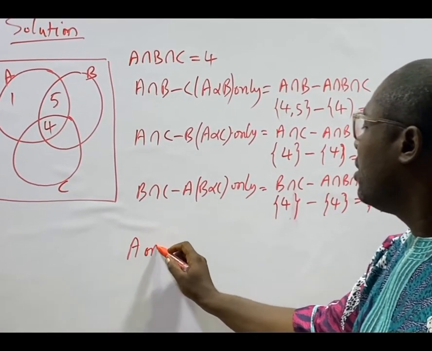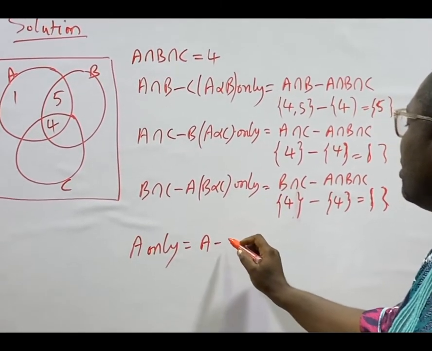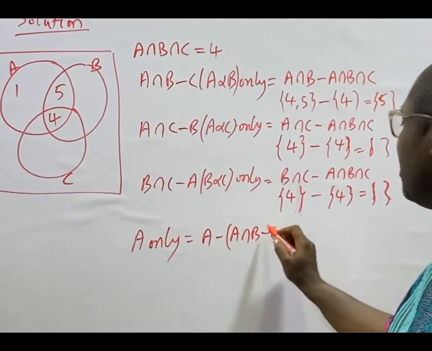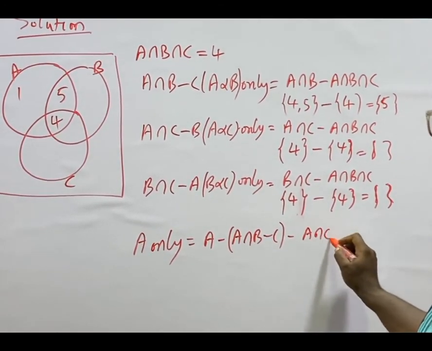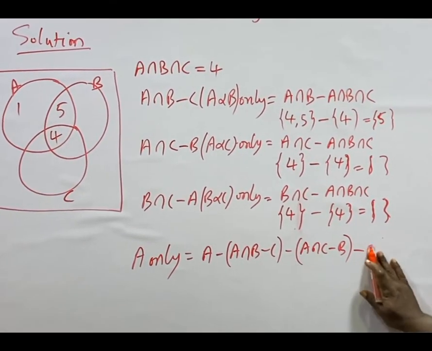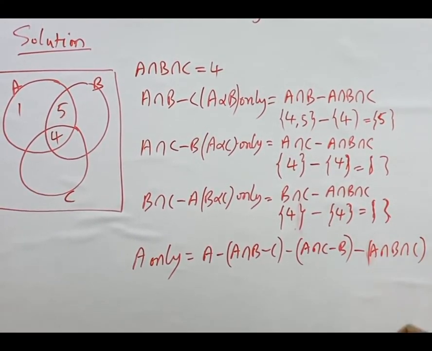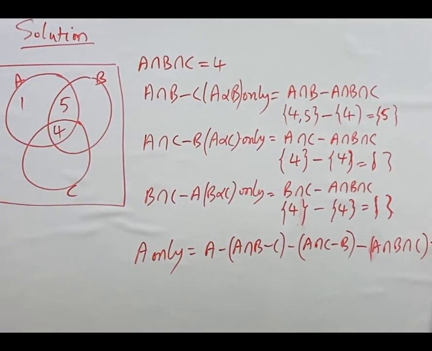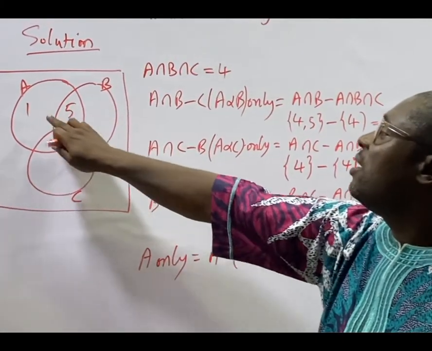Ordinarily, A only will be A minus A intersection B minus C minus A intersection C minus B, that's A and C only, minus A intersection B intersection C. So if you remove all these elements, we're left with just 1. Because we have removed 4 and 5, we're now left with 1.